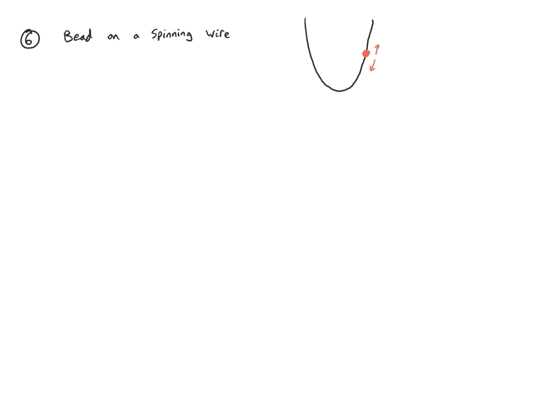So let's draw on our coordinate system. Let's just choose Cartesian coordinates for now. So let's say that we have the xy plane being the horizontal plane here, and z is the vertical axis. I'm centering the origin of this coordinate system down here at the bottom of our wire.